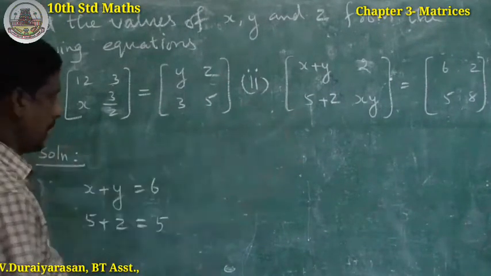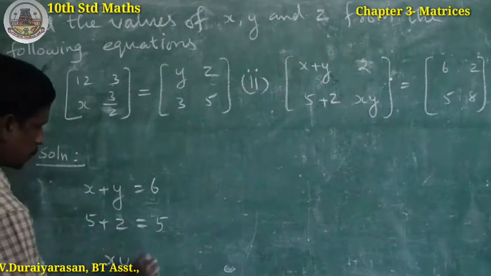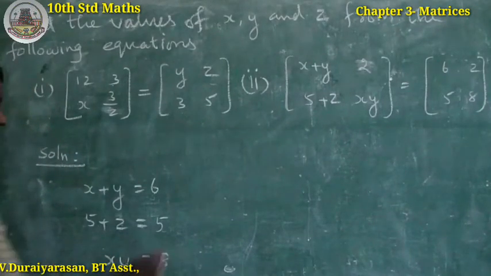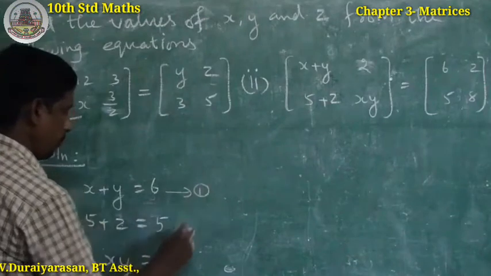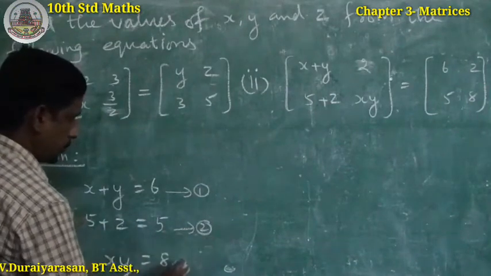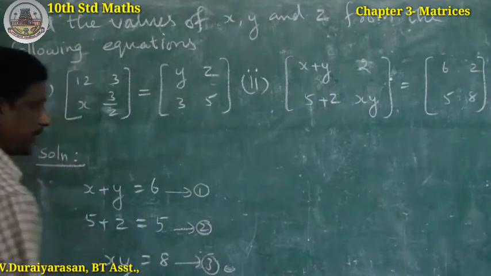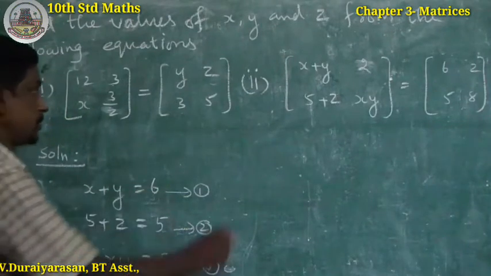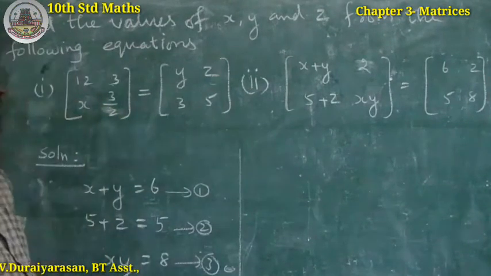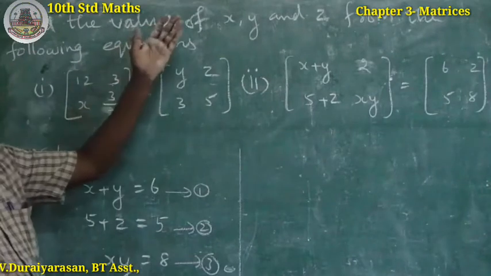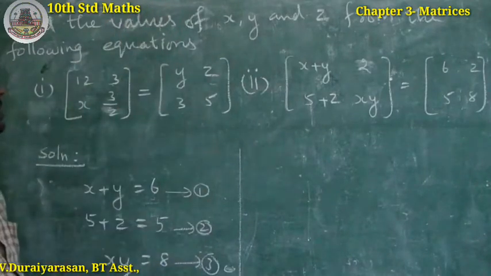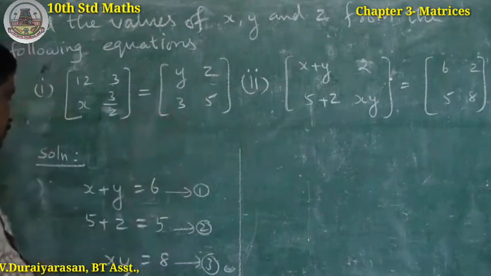Then finally xy is equal to 8. This is equation number 1, equation number 2, equation number 3. Let us consider 3 equations. What is the question? Find the values of x, y and z.